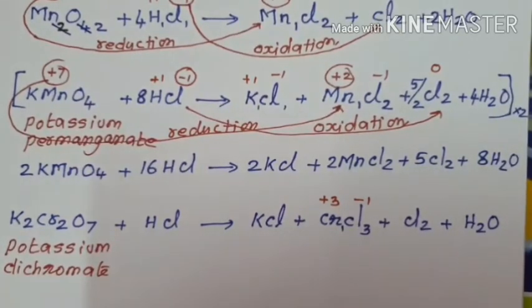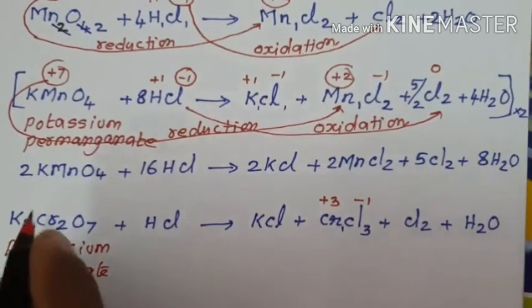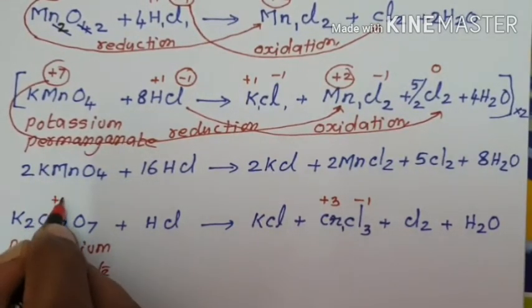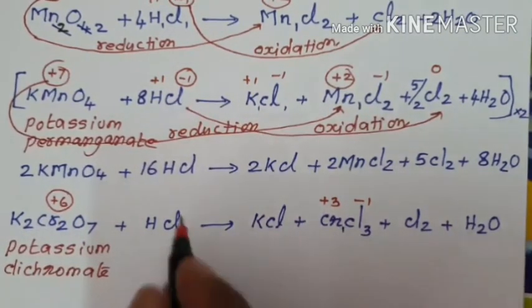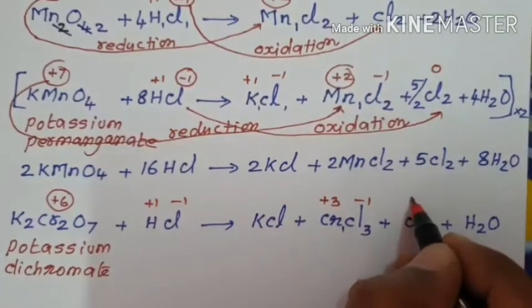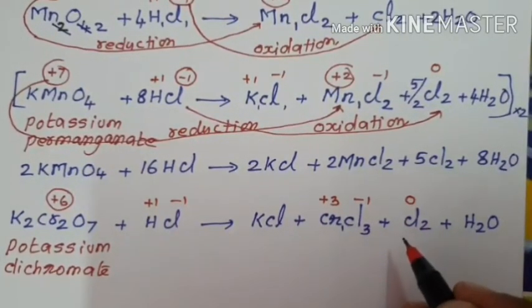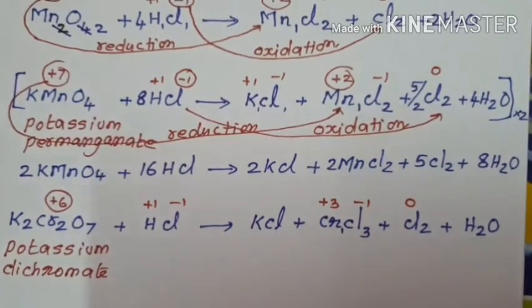In potassium dichromate, chromium is in +6 oxidation state. Chromium is reduced from +6 to +3 oxidation state. Chlorine in HCl is in -1 oxidation state, and it is oxidized into 0 oxidation state.